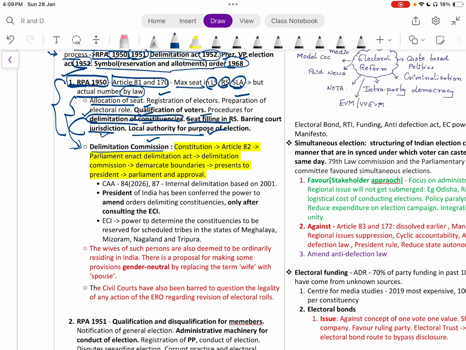Delimitation Commission. The Constitution under Article 82 empowers Parliament to enact a delimitation act, and based on that act, delimitation commission is formed with a distinct term of reference. It demarcates the boundaries and presents to the president, and Parliament then approves it. Okay.